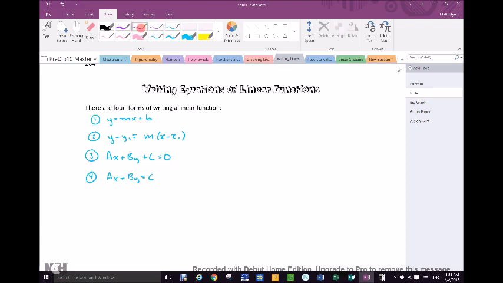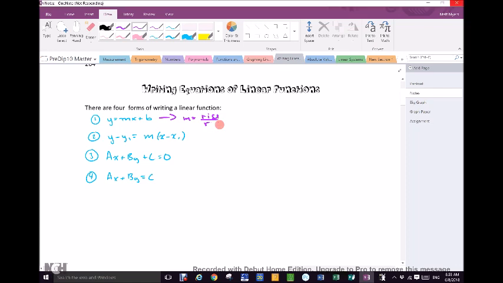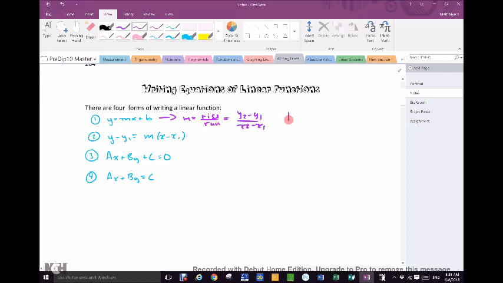All right. This guy, m equals rise over run, which also equals y2 minus y1 over x2 minus x1. And b equals 0, comma y, otherwise known as the y-intercept. Down here, x1, y1 equals the known point with switch sign.